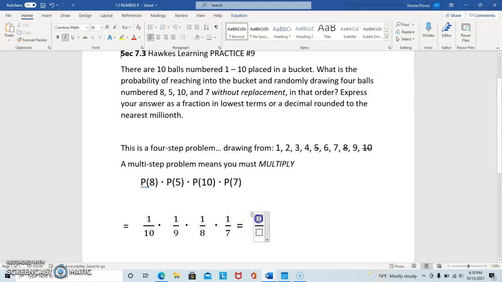Final answer, we must multiply the top numbers 1 times 1 times 1 times 1, which is 1, and 10 times 9 times 8 times 7. That's 5,040. Final answer.